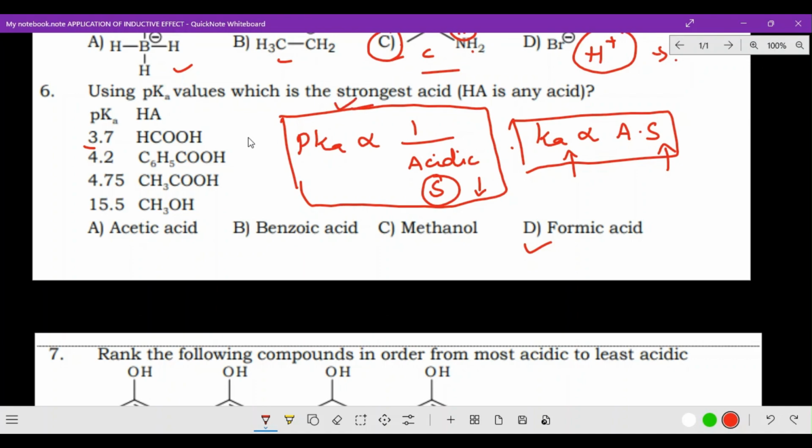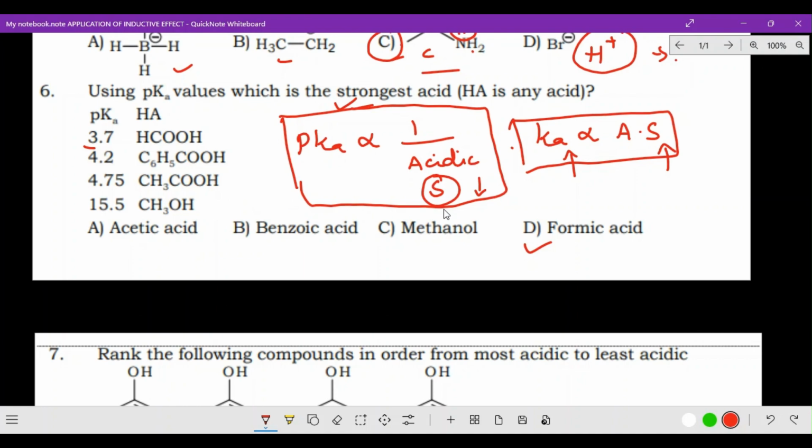And one more point we have mentioned: formic acid, acetic acid, C2H5COOH. As the number of carbons and alkyl groups increases, acidic strength decreases. We went through that point at the start of this video. I hope you got that idea. Among all these acids, formic acid is the strongest acid because it does not have any alkyl group.